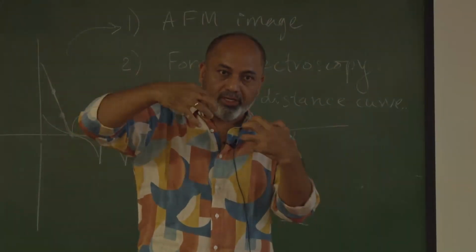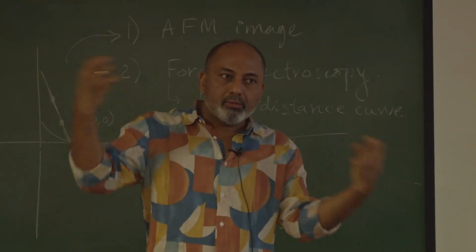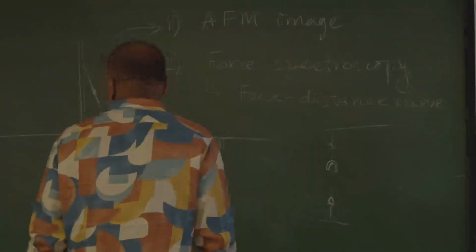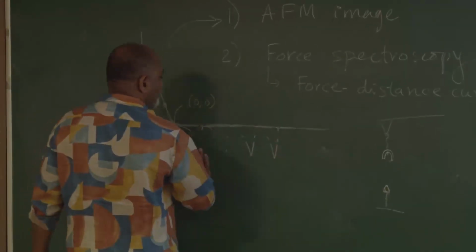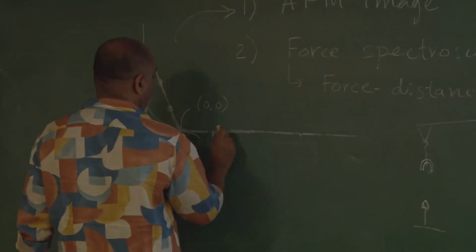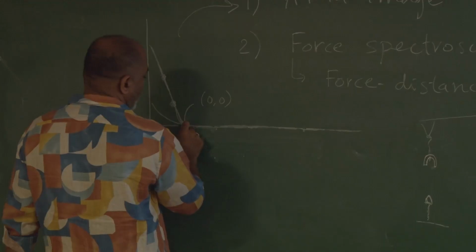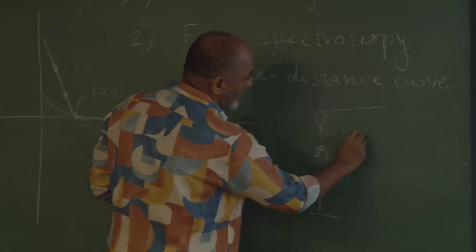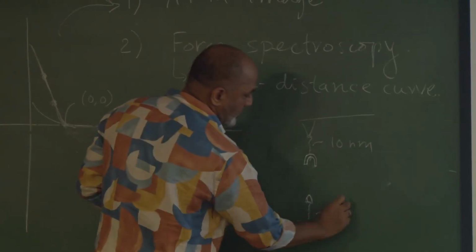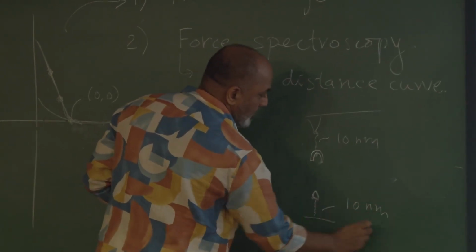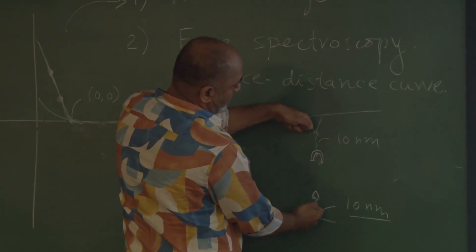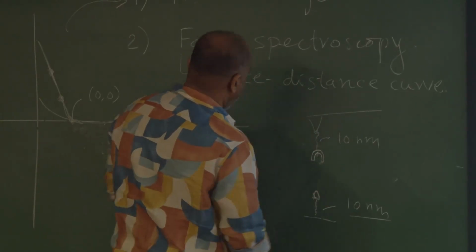The cantilever will bend. It will measure the force required to unbind them from each other, and this kind of curve will appear. As you go in, there are these linker molecules, let's say this is a 10 nanometer linker, and similarly this also is a 10 nanometer linker. So the total length at which it really starts to apply a serious force is 20 nanometers.